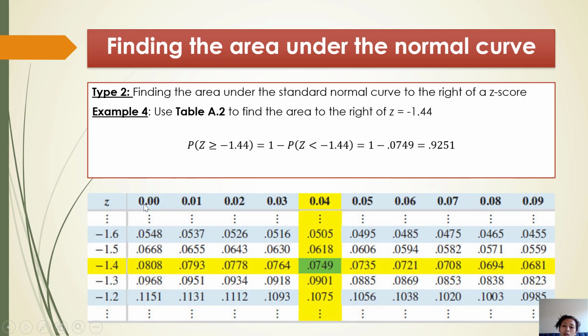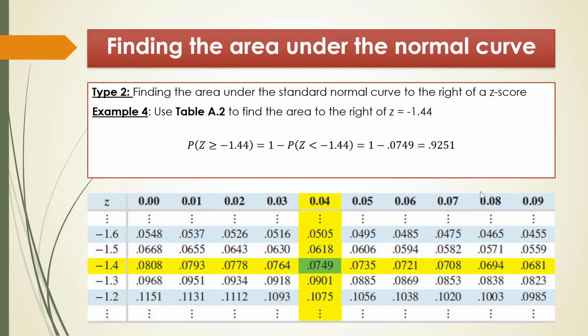Now we use the A2 table, the z-score table, to find the area to the left of negative 1.44. Negative 1.44 is at the row of negative 1.4 and the column of 0.04. So the area to the left of negative 1.44 is 0.0749, and using the complement rule, the area to the right is 1 subtract 0.0749, which is 0.9251.